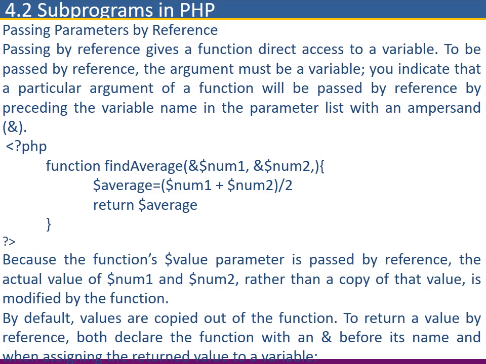We are starting with the same example code, function find average. We can see the ampersand sign comes before the first parameter, the ampersand $1, ampersand $2.